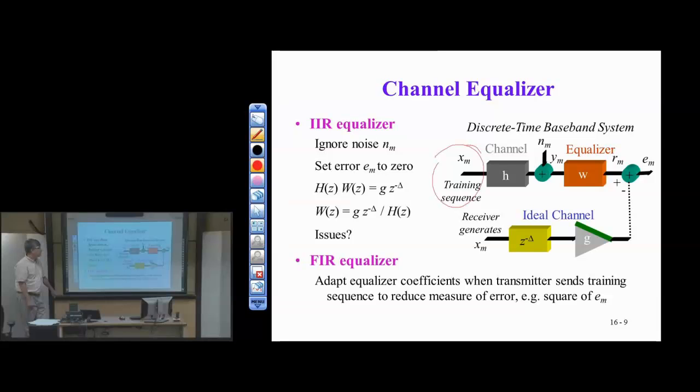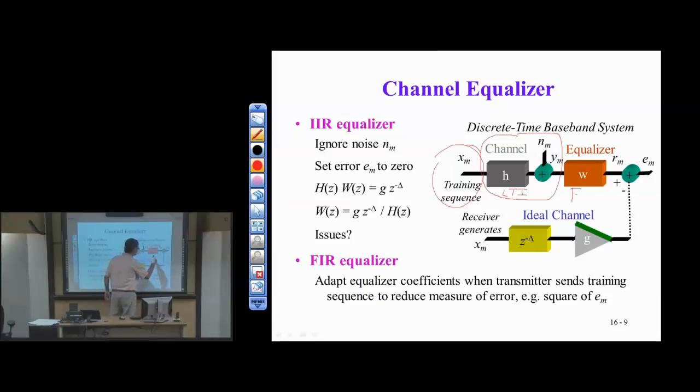Usually it's pseudo noise in practice. So there's some known training sequence that's easy to regenerate in the receiver. The transmitter sends its training sequence down through the channel. We're modeling the channel here as some sort of LTI system filter and additive noise, but in this formulation we're going to ignore the noise.